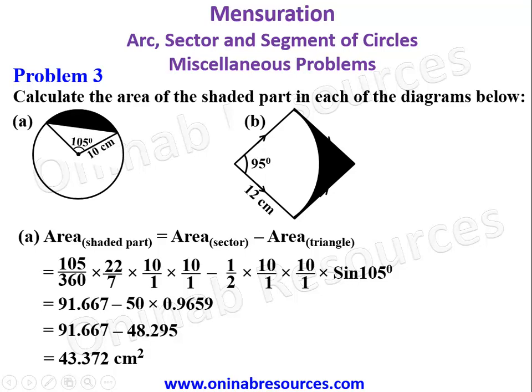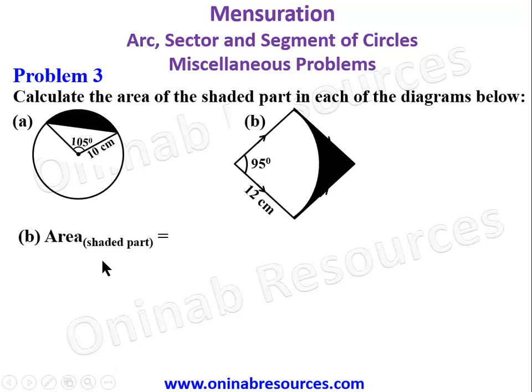Then we go to the second diagram. The area of the shaded part there is, this is a rhombus and a sector of a circle here. So the area of rhombus minus the area of the sector will give us the area of the shaded part.